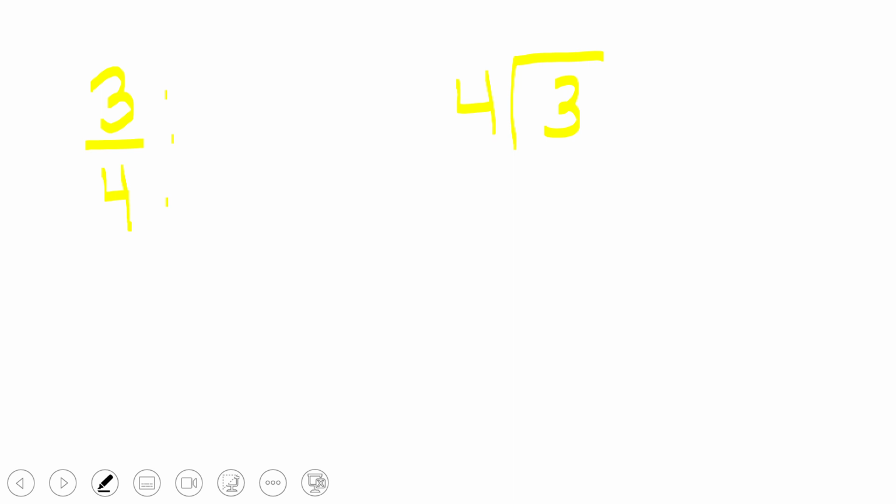And then your approach is to remember every whole number has a decimal after it, and we're going to annex zeros after that decimal. Okay, 4 goes into 3 0 times, and we start our division.